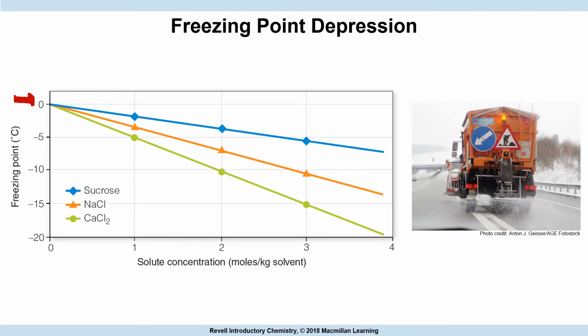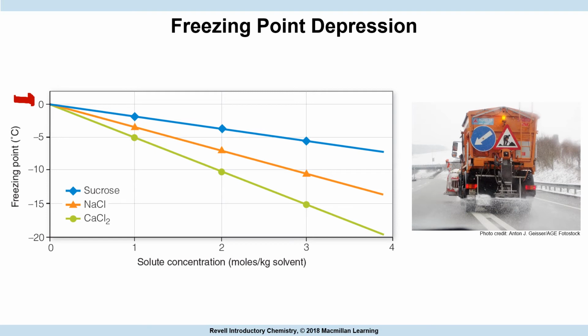It's decreasing the freezing point, which is a good thing, because now if we add 1 equivalent here, then the ice on the roads won't freeze until it's less than 0, somewhere around -2 to -5 degrees. It'll keep increasing.